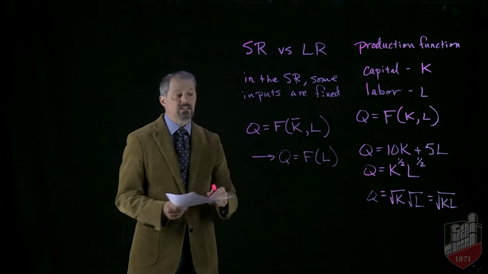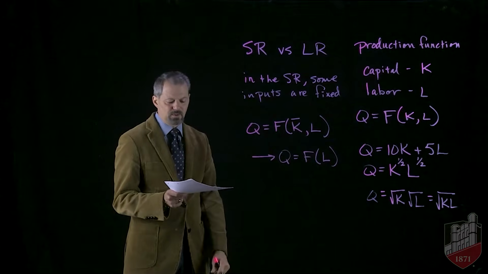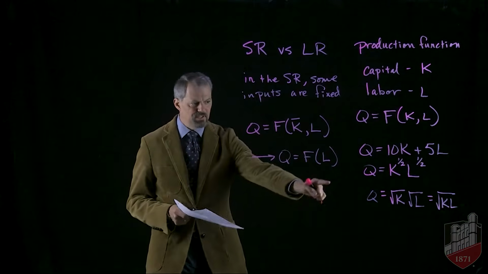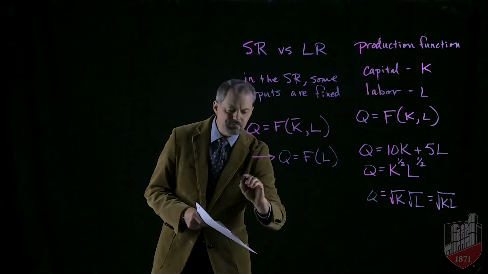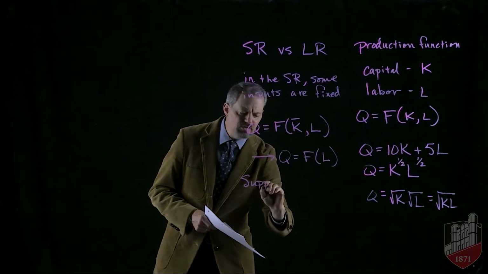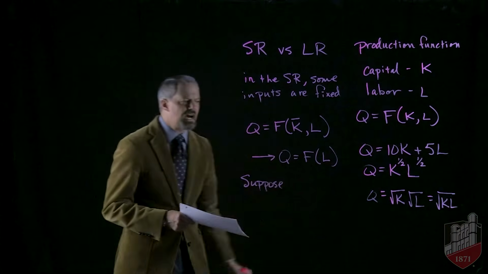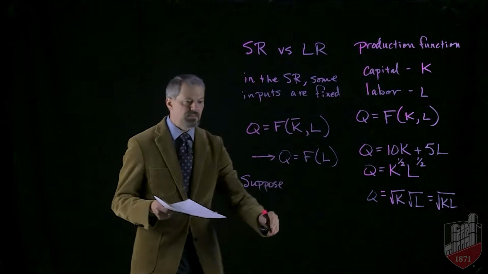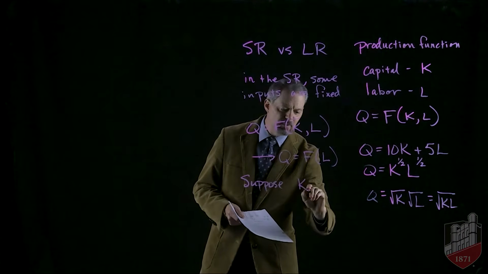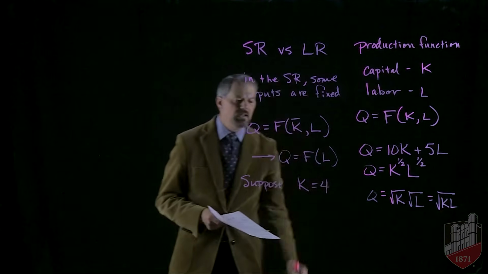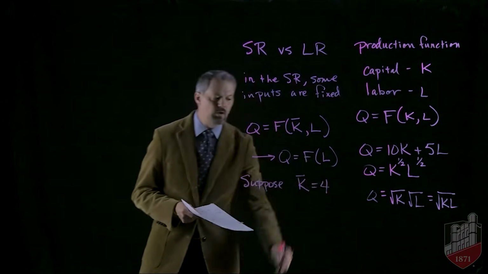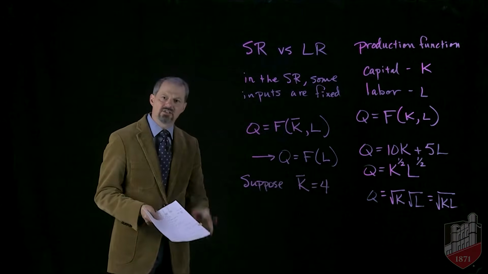Okay? Let's think about that Cobb-Douglas production function, this one, and let's suppose that the amount of capital that we've got is 4 units. Okay, so let's suppose that capital is equal to 4. I'm going to put the bar over it to indicate that we can't change that.